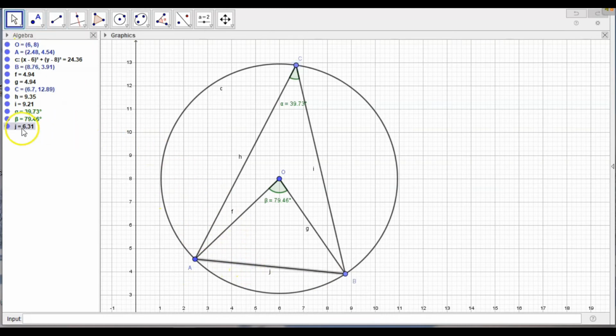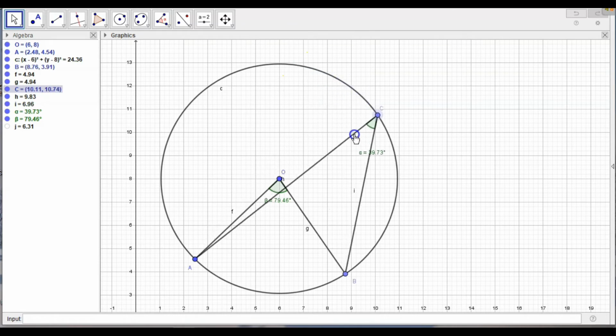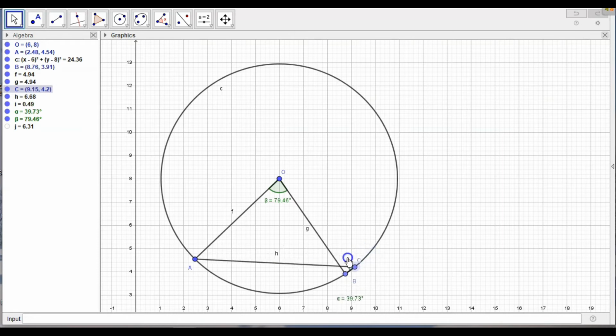Now let me shift the point C, moving from one segment and bringing it to another segment. You realize that the angle alpha has changed, all because they are not finding themselves within the same segment. It has traveled from the major segment into the minor segment. So the angle alpha has changed. Please take note of that.